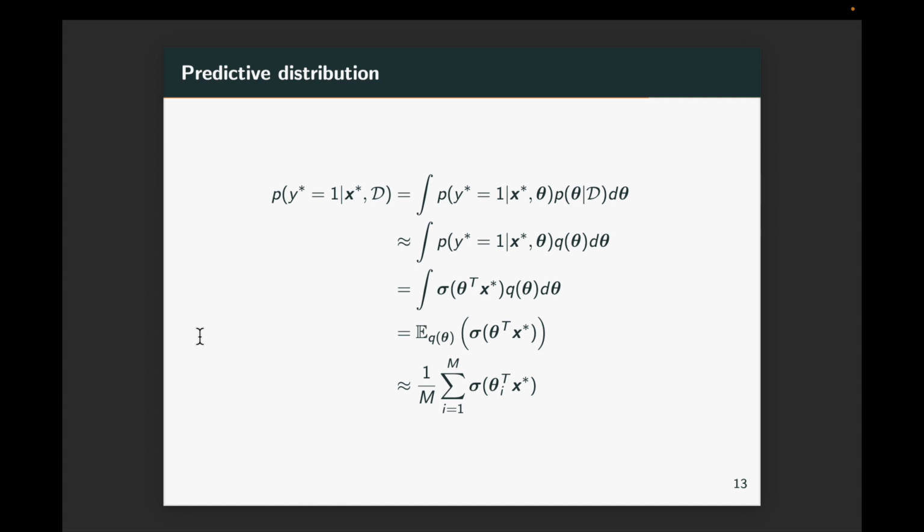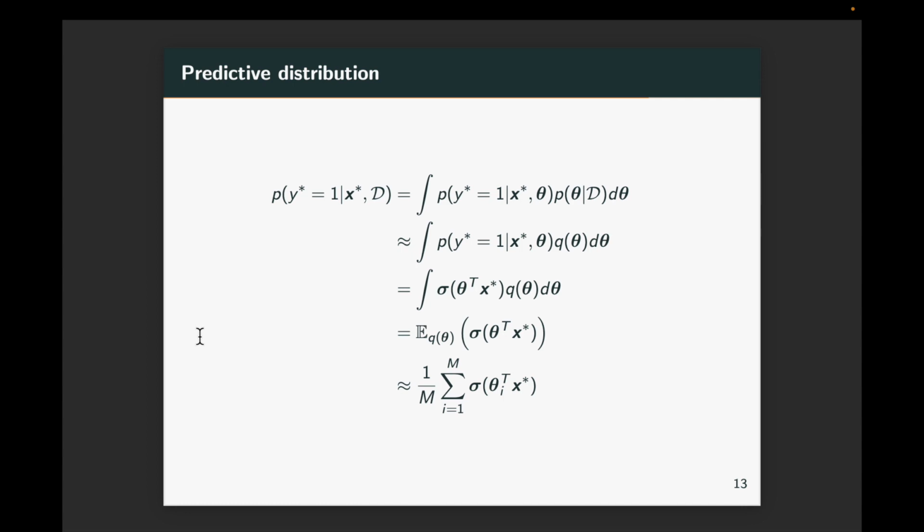We say that we can approximate this quantity of interest with a summation over any number of samples, here capital M number of samples, where the samples are drawn from Q of theta. This will take a bit of time to understand, what it means to draw a sample from Q of theta and substitute it in. But this is the main flow that we'll be following. After we have done Monte Carlo estimation, we'll be able to obtain the predictive distribution.